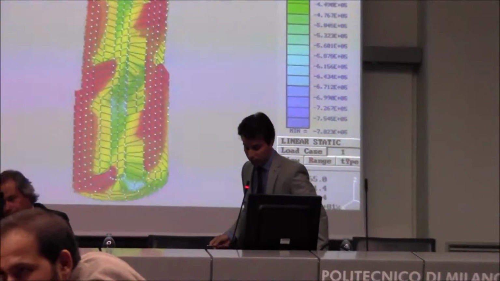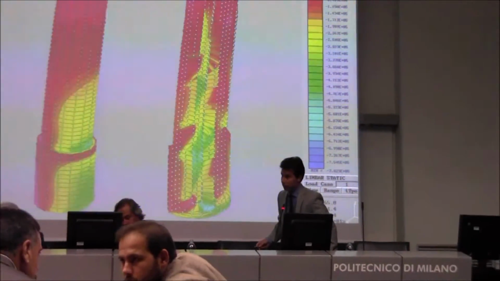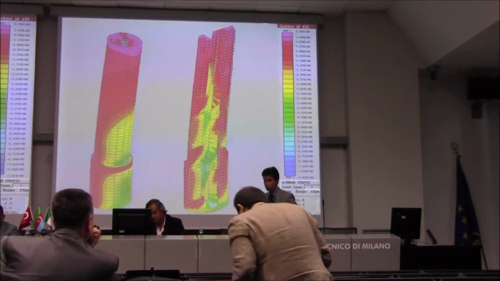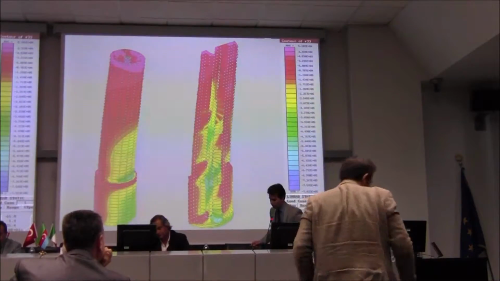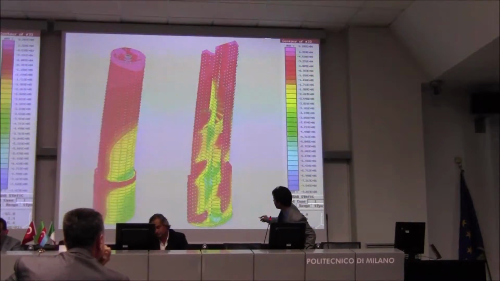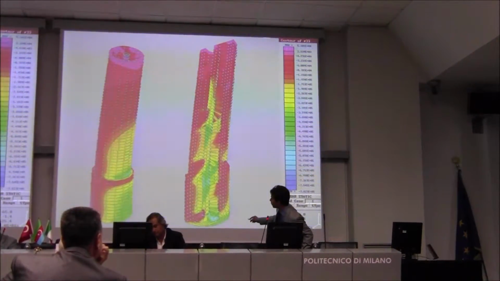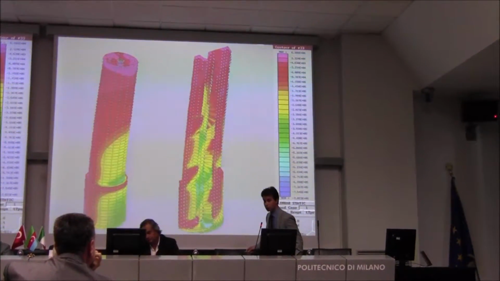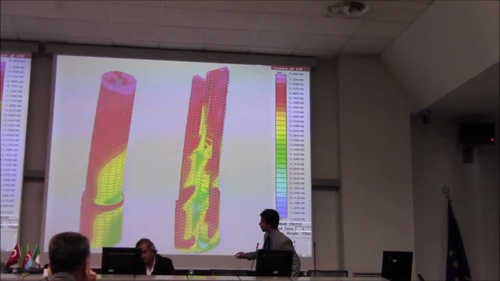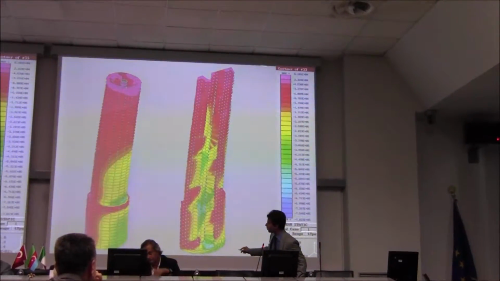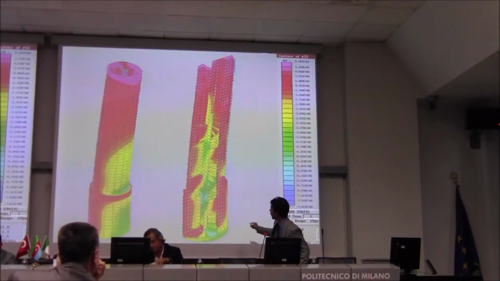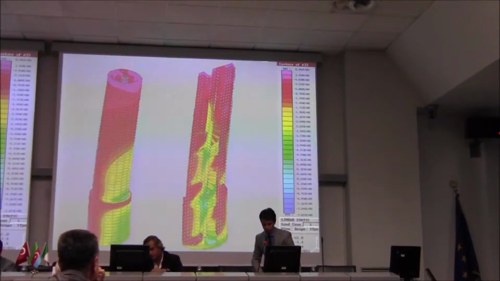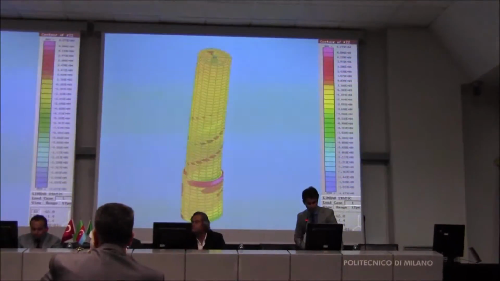Here is represented the vertical state of stress inside the tower subjected to horizontal actions. As we can see, there are some regions, for example here and here, where the compression state of stress is very high. At the same time, we have other regions, for example here and here, where the state of stress is in tension and very high.